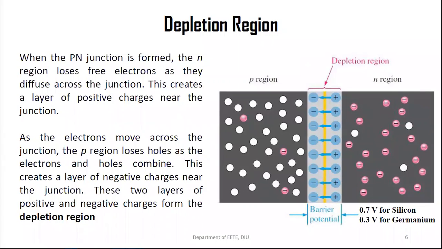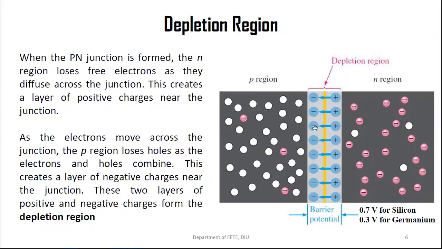This is the junction region. In the N region and P region all the charges are available, but in the depletion region there is no free charge. This plus and this minus are ions. These plus ions are antimony ions, and the negative ones are boron ions. These are the immobile ions we already discussed, the donor ions and the acceptor ions.